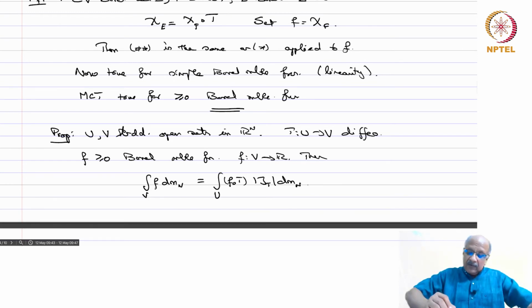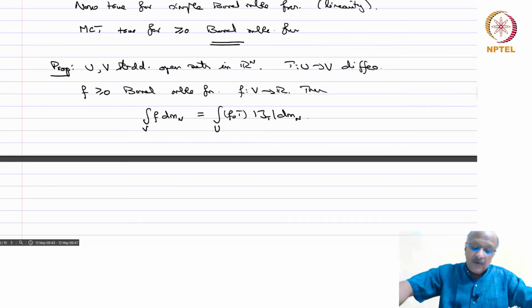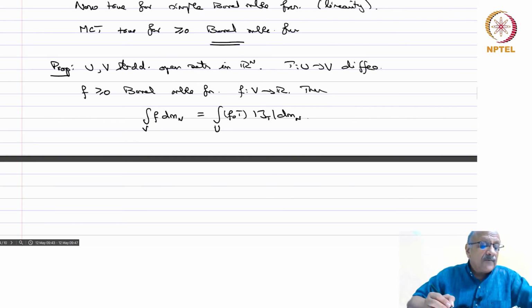So you want to integrate F over V, and from U to V there's a change of variable, namely T of x equals y, and therefore F of y is F of T of x, and then mod Jt dμn. This is called the change of variable formula.